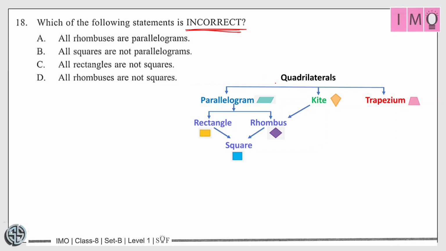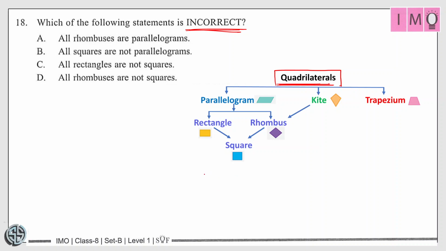Okay, so this is the map you have to remember, right? We know that a quadrilateral is a polygon having four sides, and the quadrilateral family is like that: it is first classified into three types, which are parallelogram, kite, and trapezium. Further, parallelogram is classified into two types, rectangle and rhombus, and then further rectangle or rhombus is classified as a square.